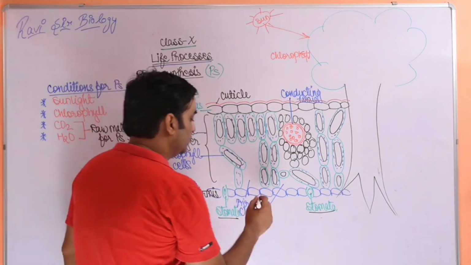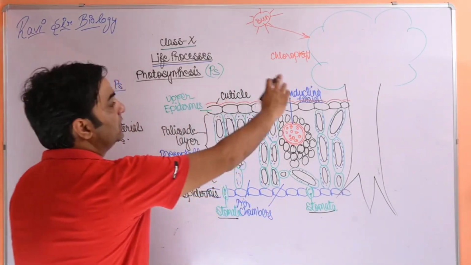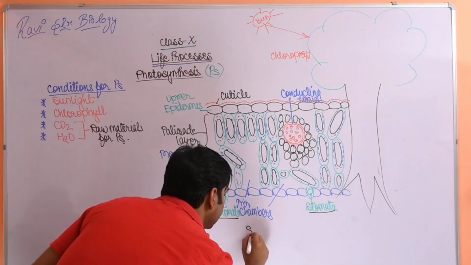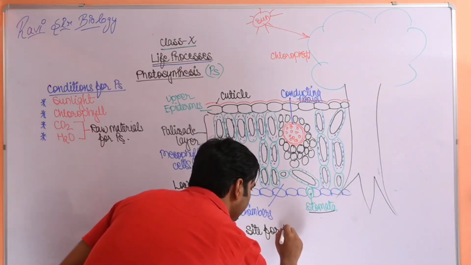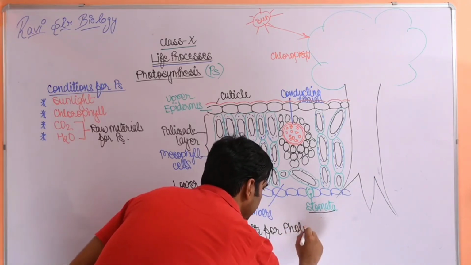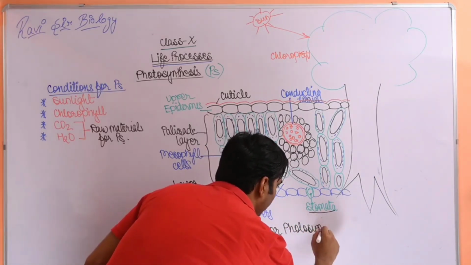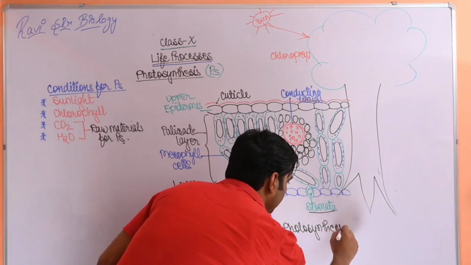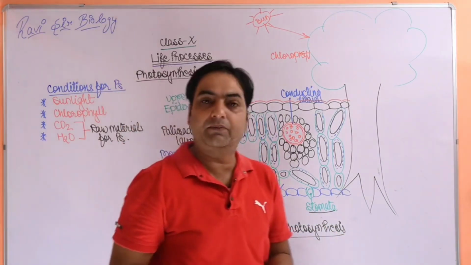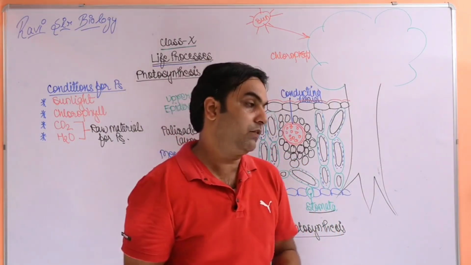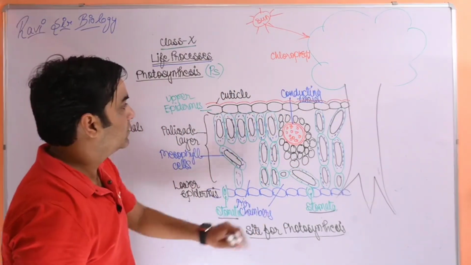This is actually the site for photosynthesis, and this is very important for the board examination. If we go through this video, we really have some advantages for our board examination.